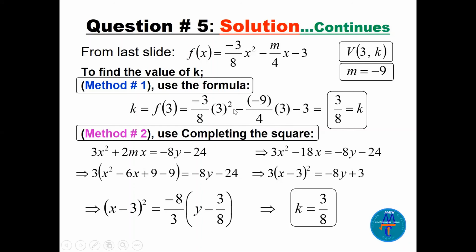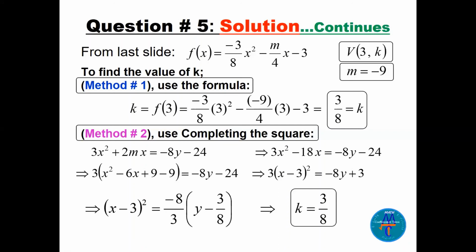Now, method number 2, I can complete the square. I have the given equation. I put here m equals minus 9, so it will be minus 18. Rearrange it, put the x's together, the y's together, and then take 3 common factor. So I have x squared minus 6, then 6 divided by 2, 3. Square it, 9, you add 9, you subtract 9.